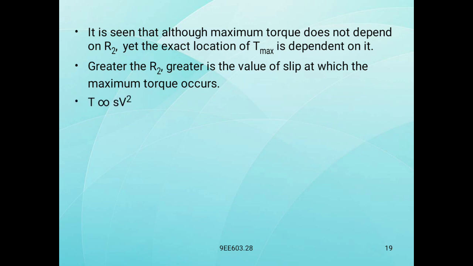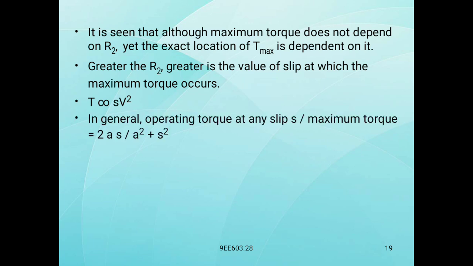Here, torque is proportional to sV square. In general, the operating torque at any slip relative to maximum torque is 2 a s by a square plus s square.